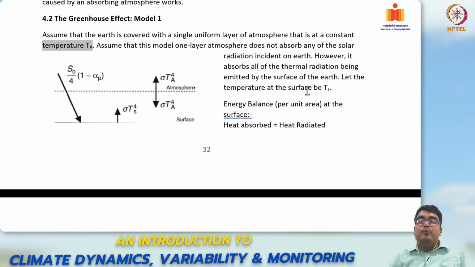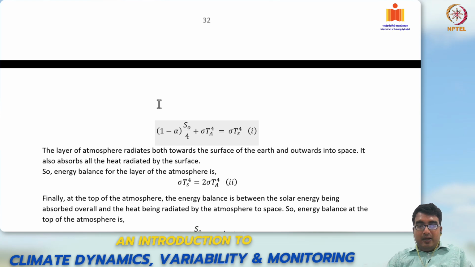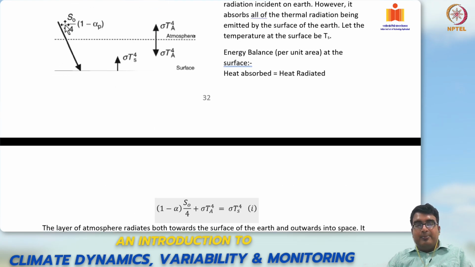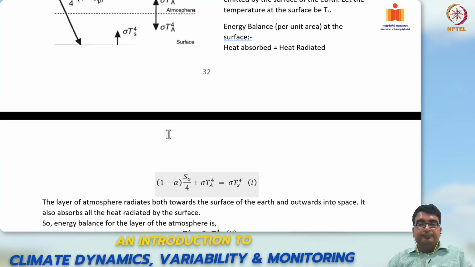Okay. And we have energy balance. We will do energy balance for the atmosphere and at the surface layer. Heat absorbed must be equal to heat radiated. Fine, for both these layers, the atmospheric layer and the surface layer. So, for the surface layer, what is absorbed is S0 by 4 into 1 minus alpha. Okay.